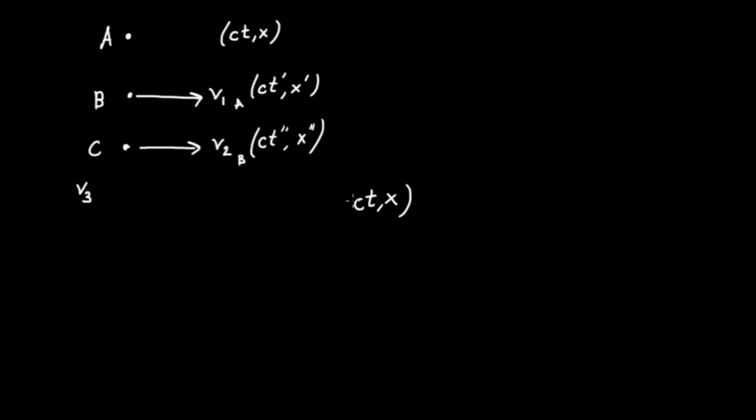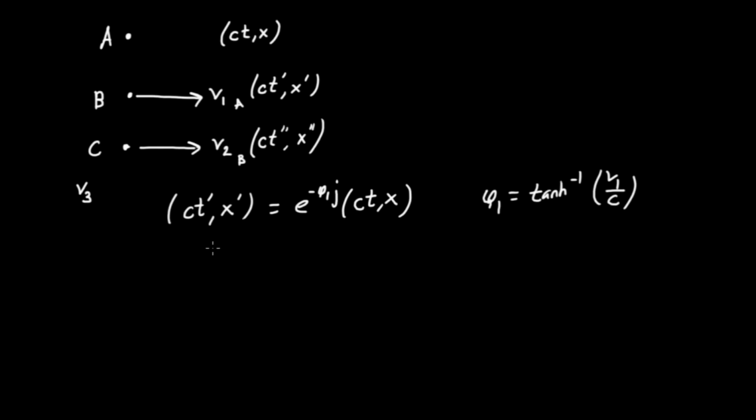That's CTX, operated upon by an exponential of e to the minus phi 1. I'm going to call this phi 1 now. What is phi 1? That's going to be the inverse hyperbolic tangent of v1 divided by c. And that's going to boost to the primed coordinates, CT prime, X prime.